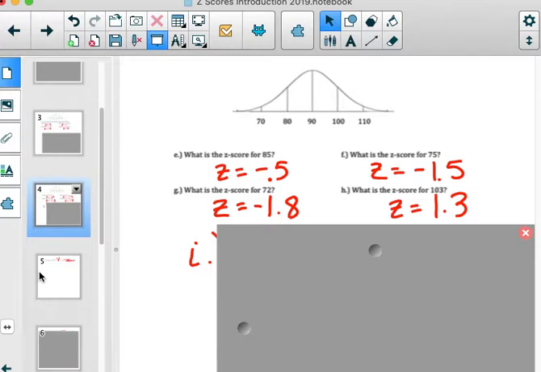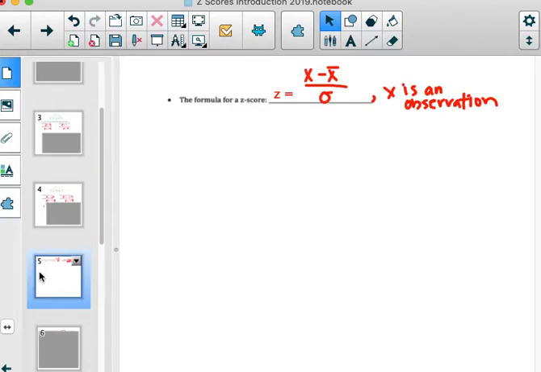If you would flip the page, we'll fill this in. So there's a formula for calculating a z-score. The z-score always equals x minus x bar divided by the standard deviation. Okay?